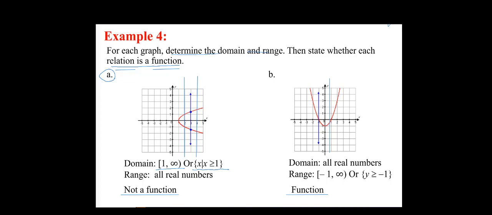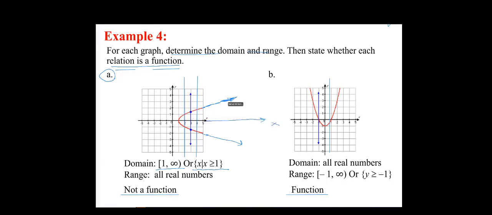So for finding the domain and range, as you can see, if I extend my graph here, it is going to gradually get wider and wider and wider as this goes on. And it's going to cover all the numbers on the x-axis.